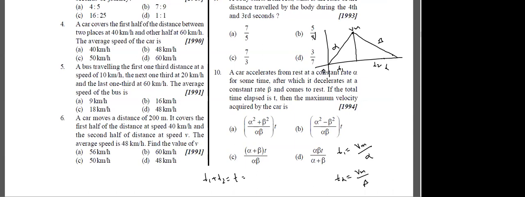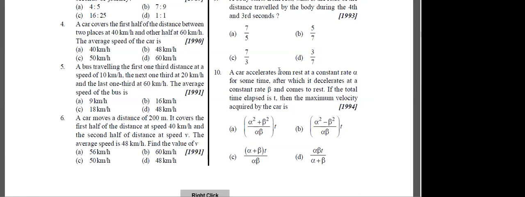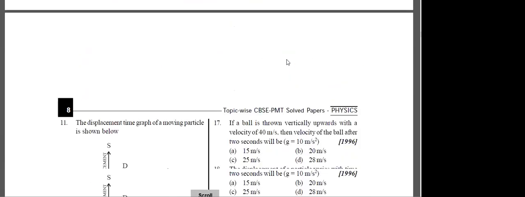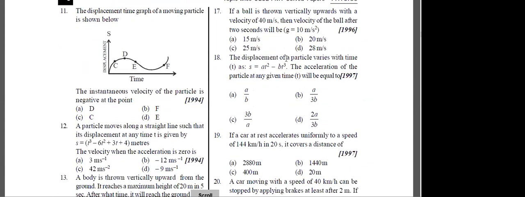Okay, next. See, these are the NEET problems. We will discuss JEE problems also. It will be like this only.